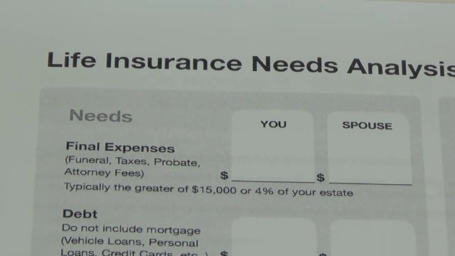But if you battle a disease, or you need to go into the hospital after a car accident and you're in critical condition, there may be deductibles and copays there. So think about how much your out-of-pocket maximum is for medical expenses, and also add that into your final expense category. And this is for both husband and wife.